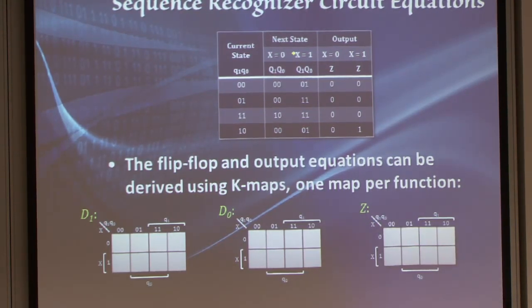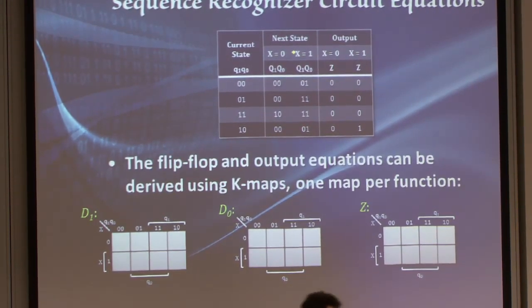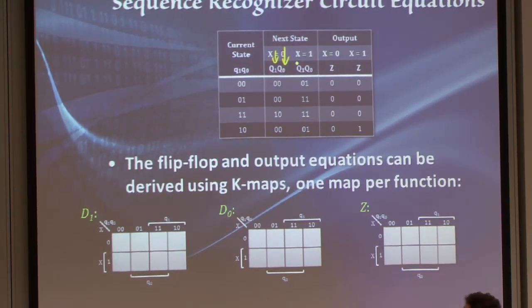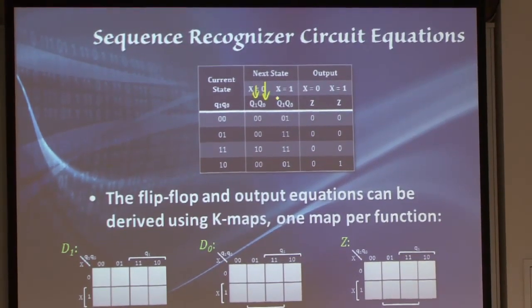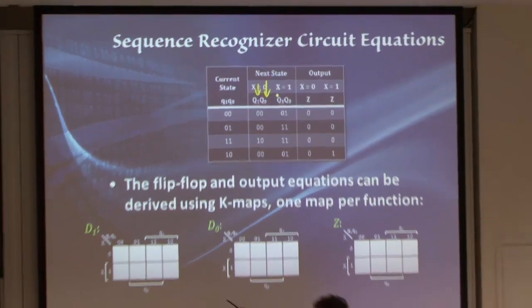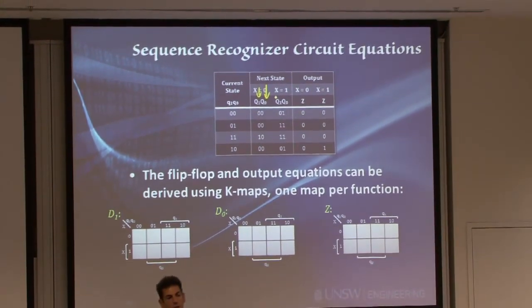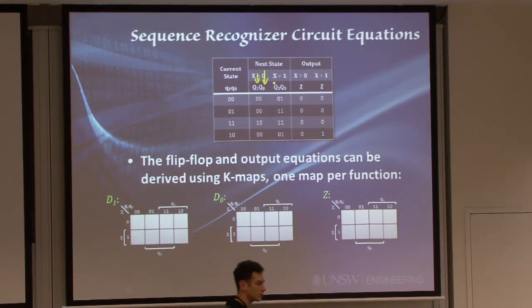Because each one of those Qs is really just the value of a flip-flop, we will treat the binary bits separately. We can treat each one of them as a function of the current state and the current input, and therefore we can come up with the corner maps to come up with equations to drive those flip-flops.